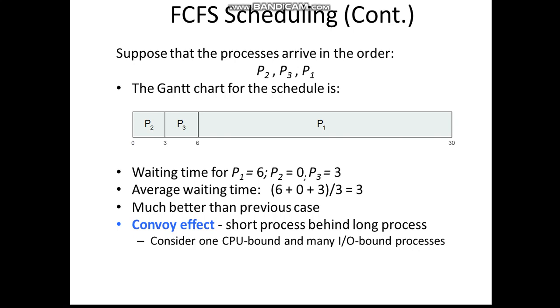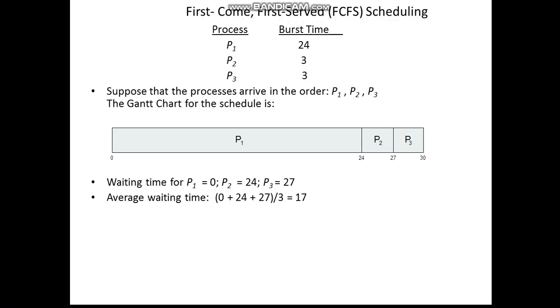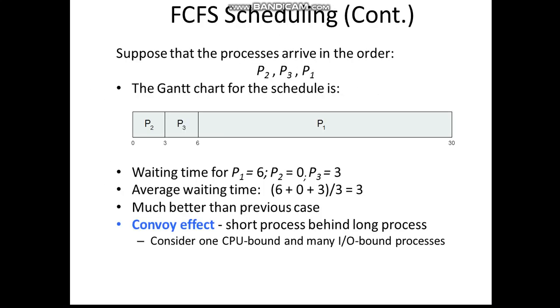Another problem is taken, where we can have a summary of this compared to the previous one. Here, the same processes with burst times 24, 3, 3, but if the arrival order is exchanged as P2, P3, P1, then the average waiting time is reduced.